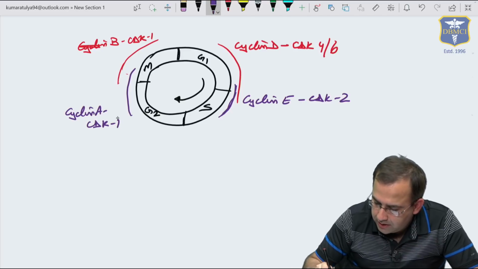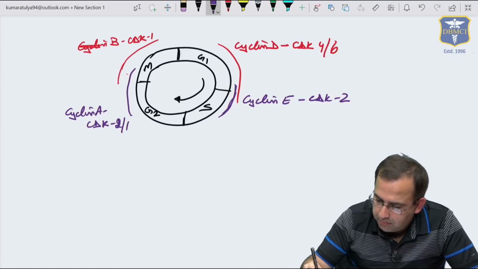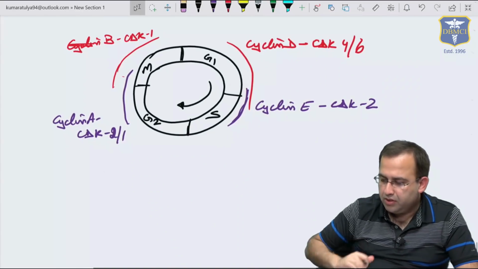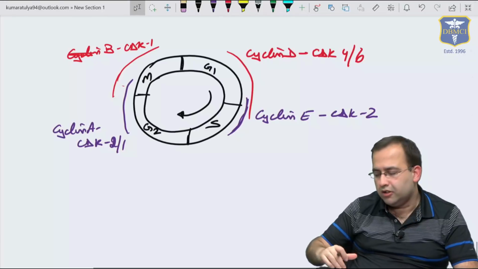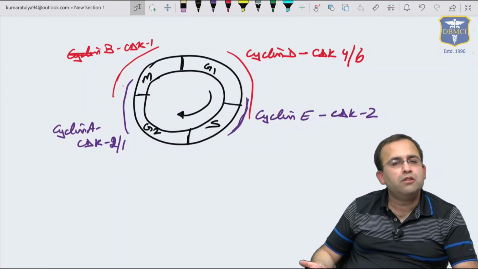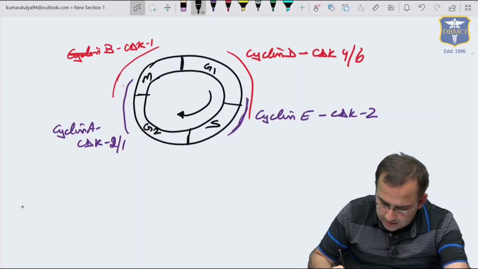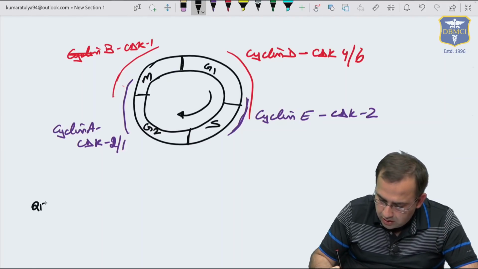Cyclin A binding to CDK2/1, cyclin B binding to CDK1. So this was the same thing which we had written in the table, drawn as a pie chart.